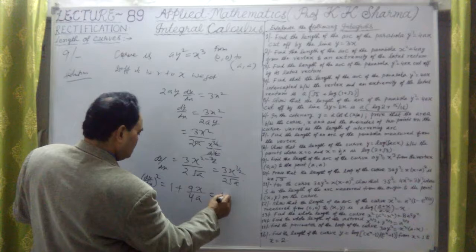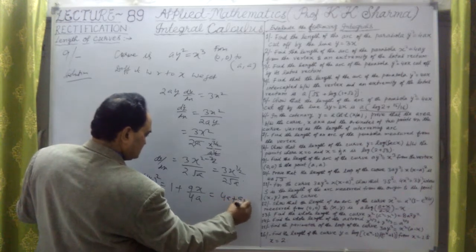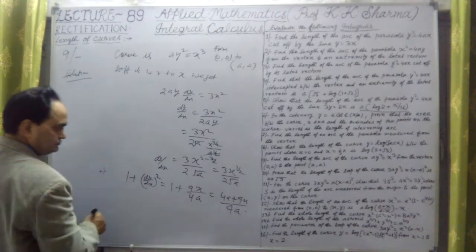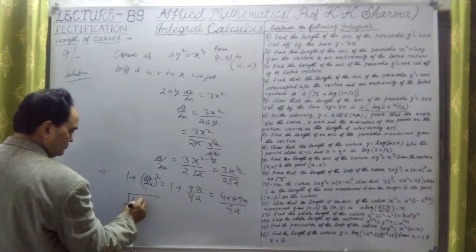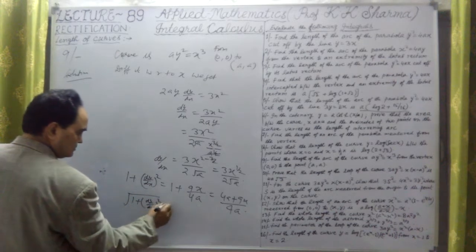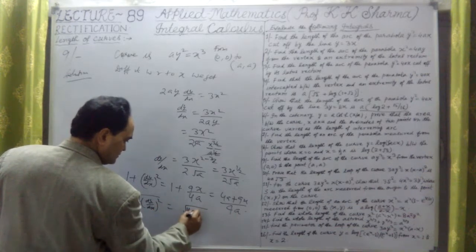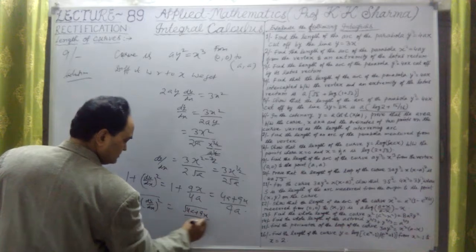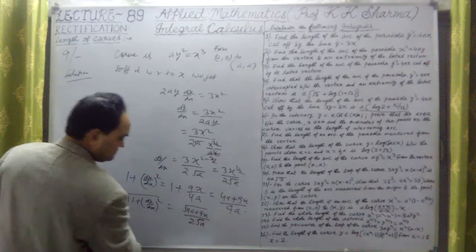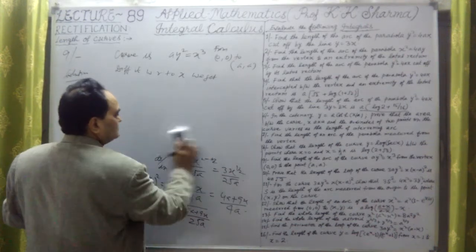It is nothing but 4a plus 9x upon 4a. Therefore, the square root of this value, 1 plus dy by dx whole square, is square root of 4a plus 9x divided by 2 under root a. This is the value. Now let me find out the length of the arc.